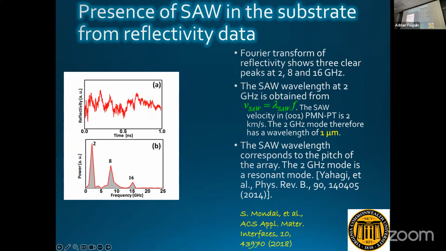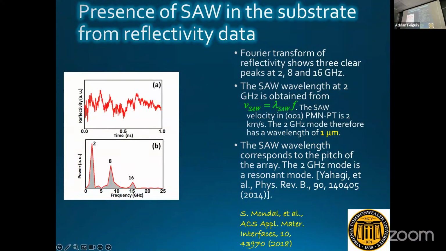So damping effects would show up if there is any. The pump induces the spin precession, and then the probe probes it as a function of time. As you go to higher delays, the spin waves will decay, attenuate, and you see that damping. But here, of course, there's hardly any damping.